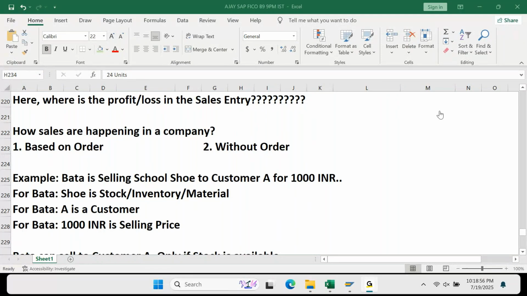Do you prepare the financial statement with the subledgers or purely the main ledgers? Financial statements, TB, P&L, balance sheet, are prepared with the main ledger. Strictly main ledger, no subledger.